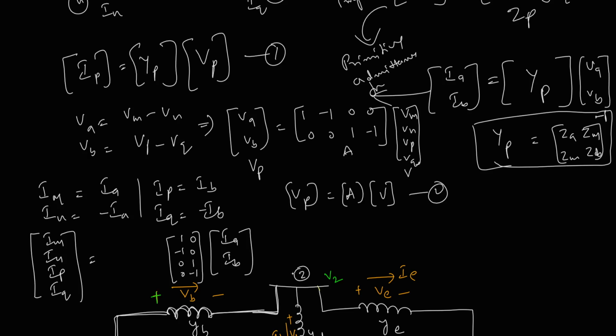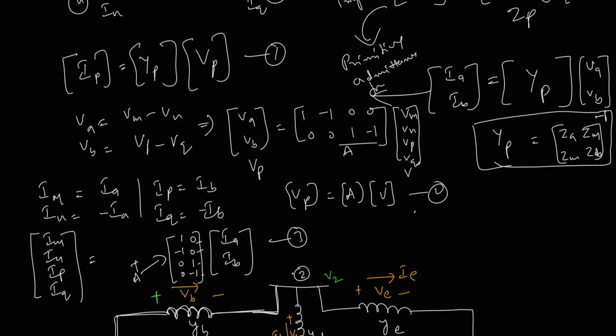If you notice, 1 minus 1 0 0 and 0 0 1 minus 1, this matrix is A transpose. So we have the third relationship.